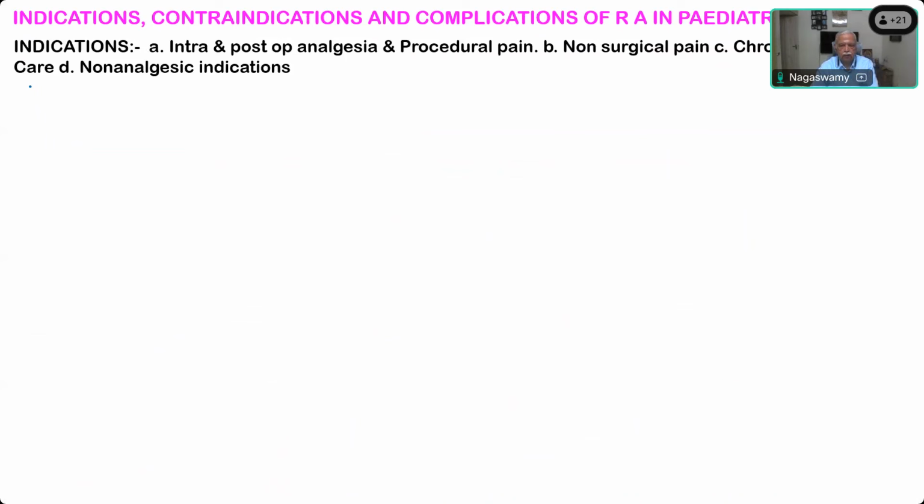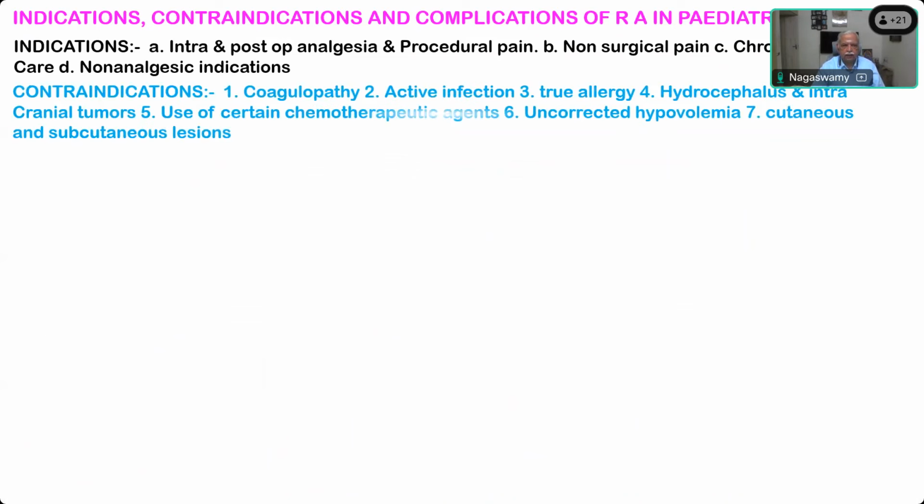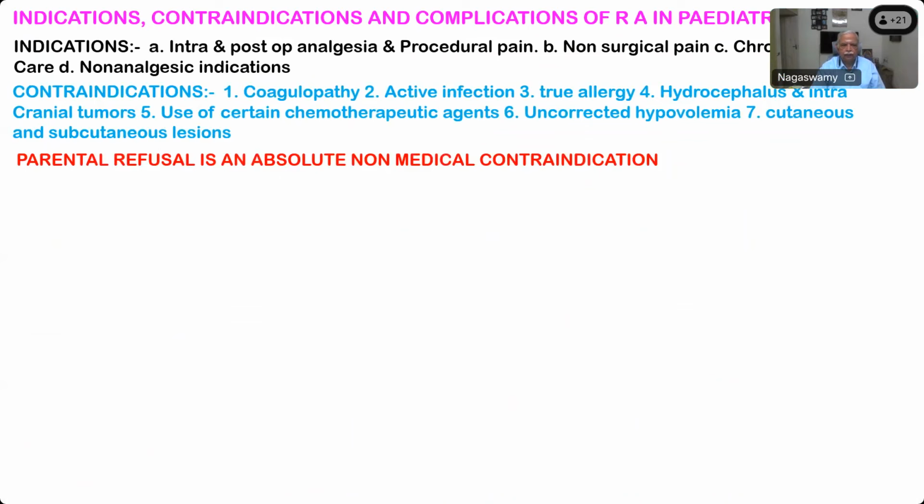You can use them as a chronic pain relief measure. And for non-analgesic indications, and contraindications are coagulopathy, any active infection, allergy, hydrocephalus or cranial tumors, use of chemotherapeutic agents, uncorrected hypovolemia, and other things are all contraindications.